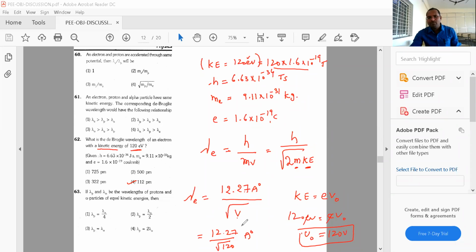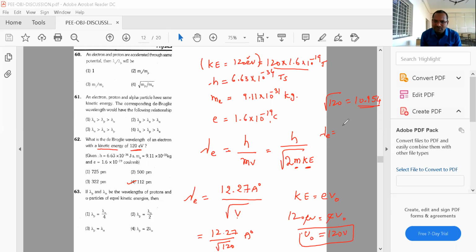So what is the value of root 120? Let us check in the calculator. Root of 120 is 10.954.